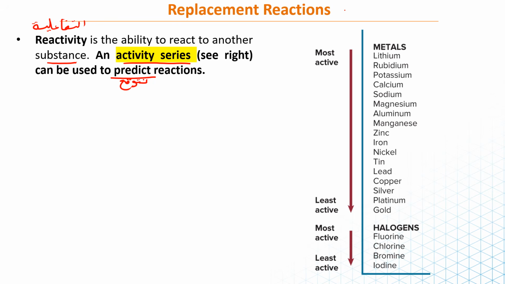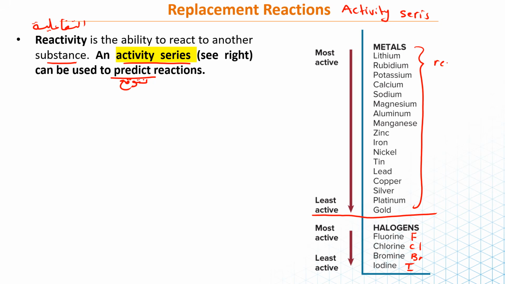So we have 2 sides. This is the activity series, guys. So this side here is for metals. So up here, metals, down here halogens اللي هم ال F, Cl, ال Br وال I, and here the metals. So these replace each other and these replace each other.